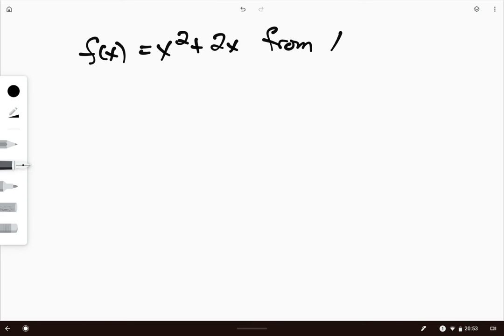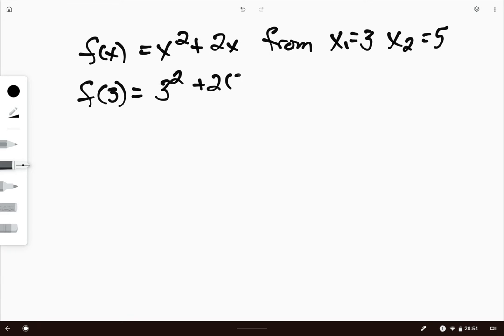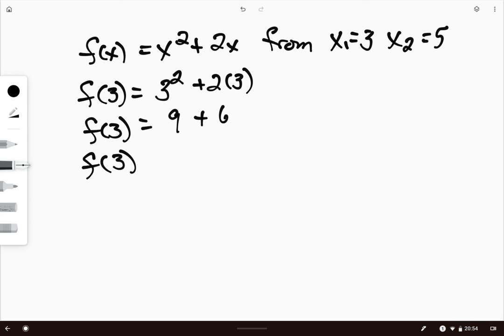And again, my x1 is going to be 3, and my x2 is going to be 5. So let's start with the f of 3. It's going to be 3 squared plus 2 times 3. So the f of 3 is going to equal 9 plus 6. So the f of 3 equals 15. So my ordered pair here is 3, 15. So there's my x1 and my y1.